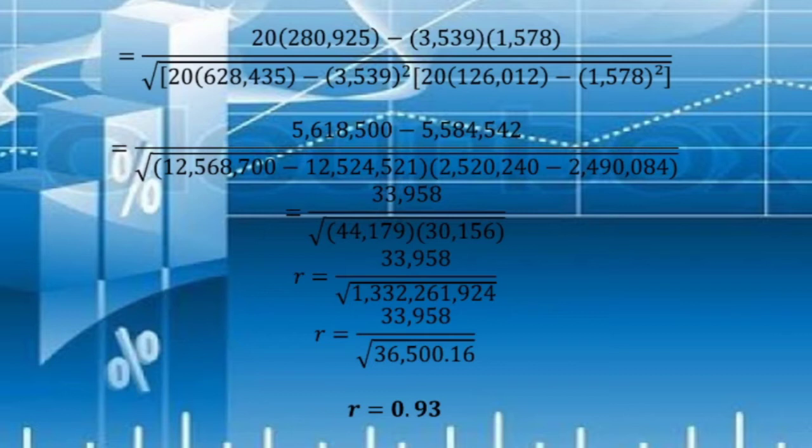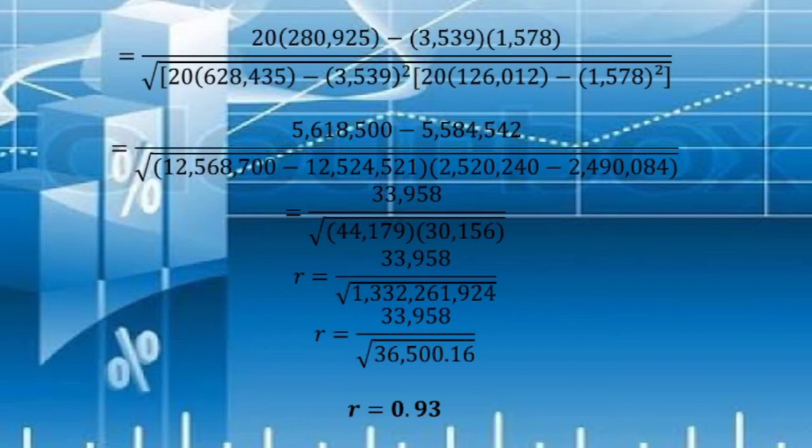Then r equals, copy the numerator, 33,958 over the square root of 1,332,261,924, which is 36,500.16.